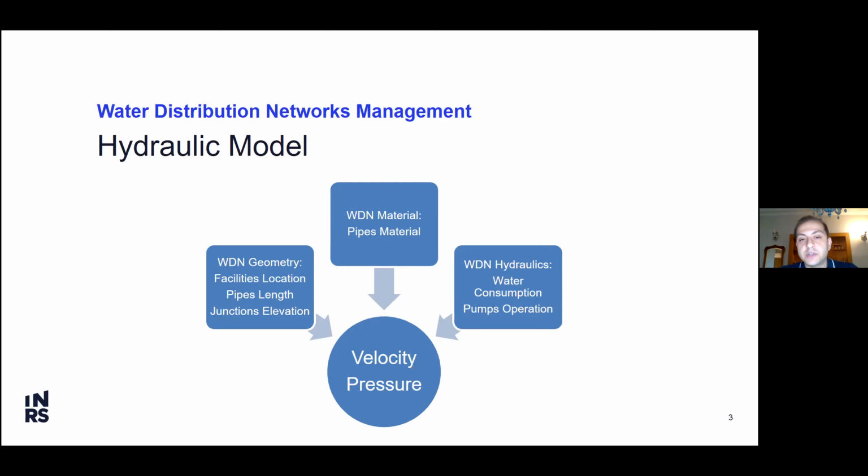And after this information, we need water consumption and the pump's operation curve. When we have these inputs, then we can have the velocity and pressure in the whole network. And this is the main and first thing that a hydraulic model does for us in water distribution network management.